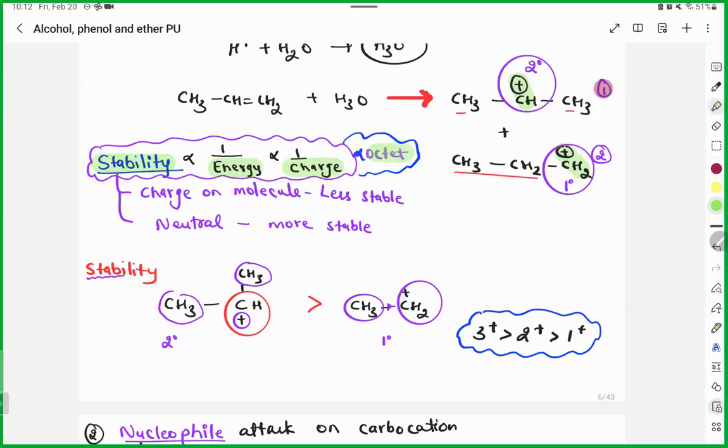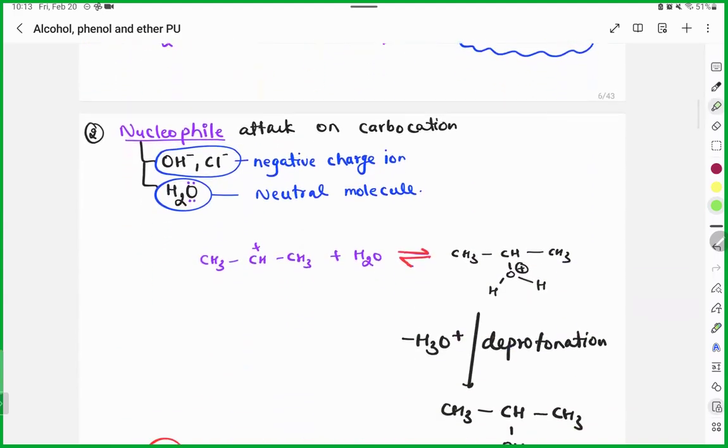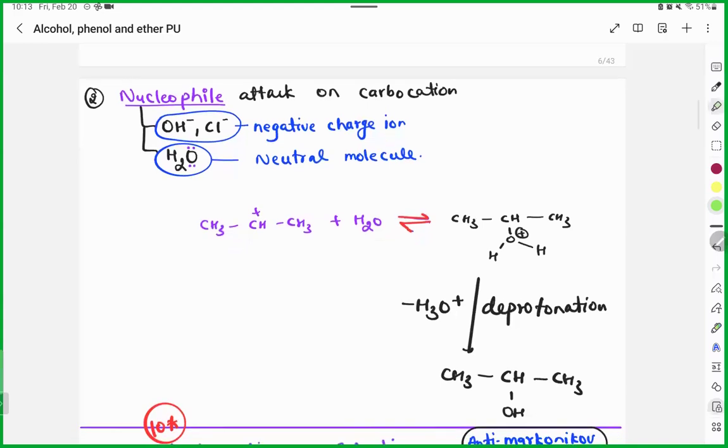If you have a stable octet rule, more stable. Correct? That's why if you take here you have secondary carbocation, and here you have primary carbocation. And you know secondary carbocation is more stable than primary carbocation.